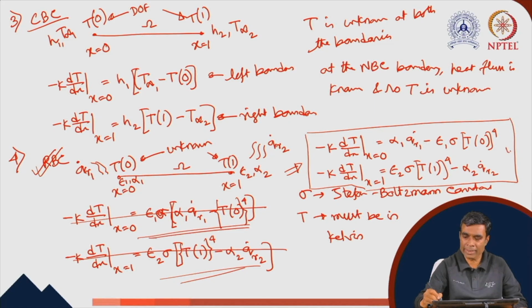So we have corrected those expressions and we have rewritten these expressions here in this box. So I suggest the students to discard the previous boundary conditions that we have discussed and then to consider the correct boundary conditions for the radiation boundary condition which we are showing here within the box.